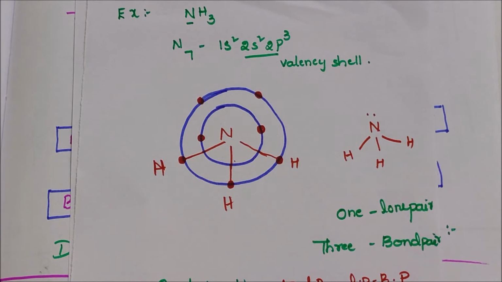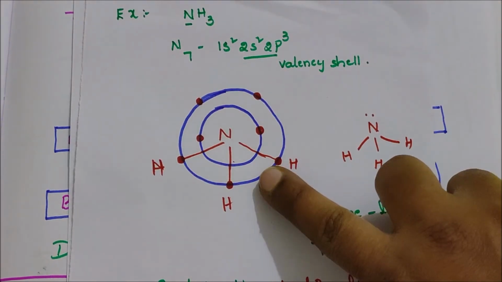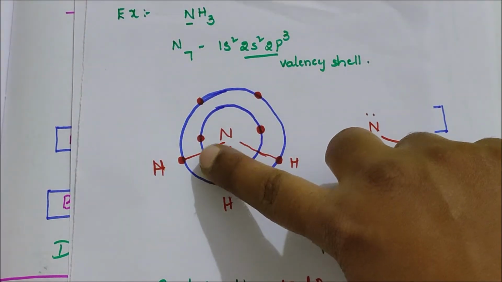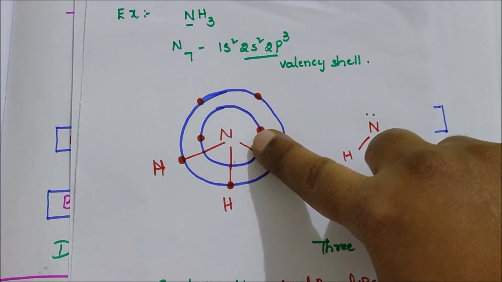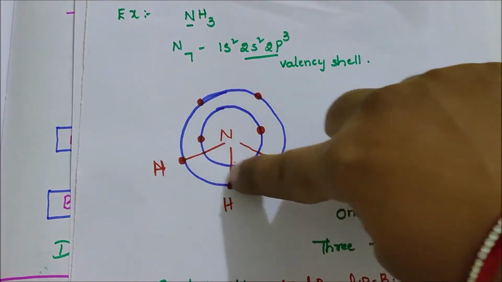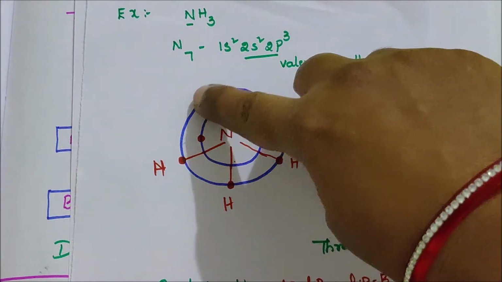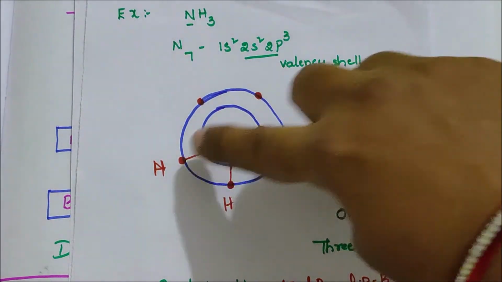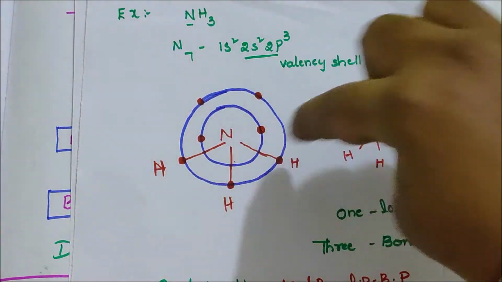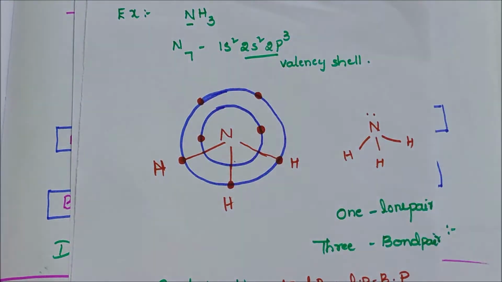So this is the atomic nucleus of nitrogen, with the first orbit containing 2 electrons and the outermost shell containing 5 electrons, so I represented it like this. These electrons revolve around the nucleus.